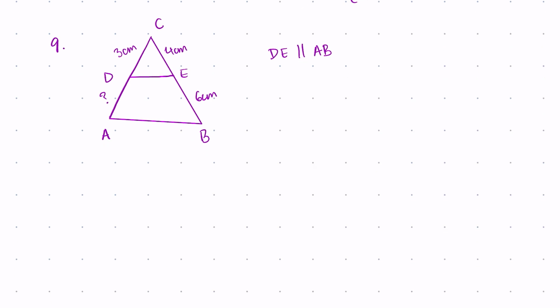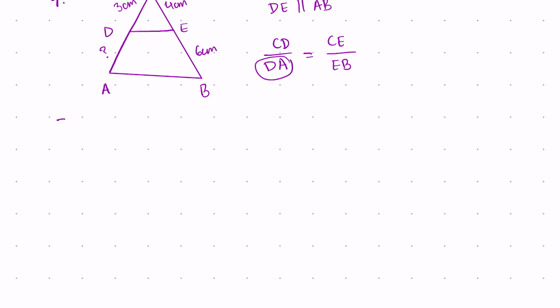There is a neat property of triangles which says in this diagram, CD divided by DA is equal to CE divided by EB. All the variables are given, so we can easily find DA. Let me just state the property here.